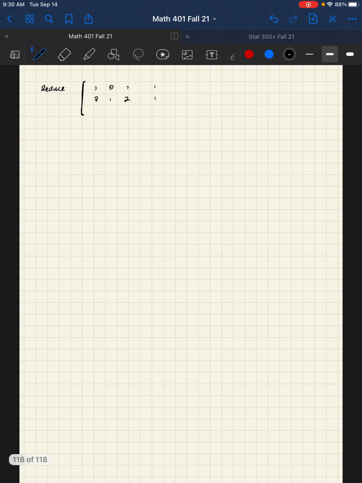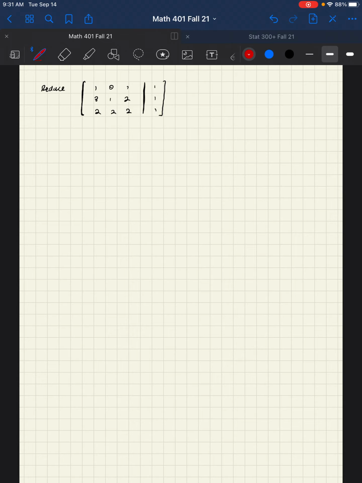And the last one I think is all 2s and then a 1. There we go. Okay, so first order of business is to get rid of the 3 and the 2 in that first column. Okay, so what we can do here is we're going to apply one operation at a time.